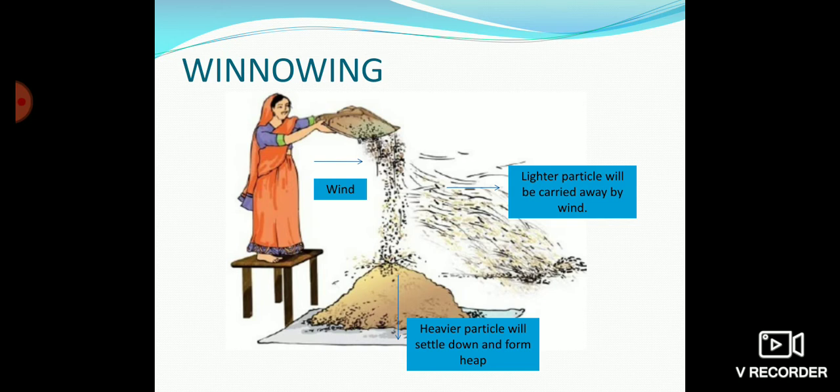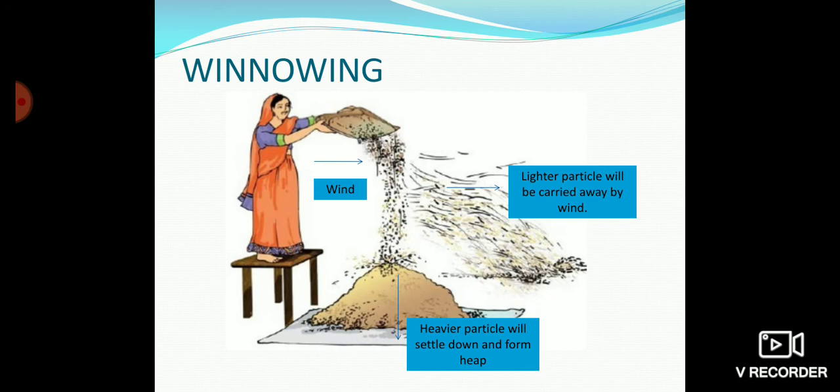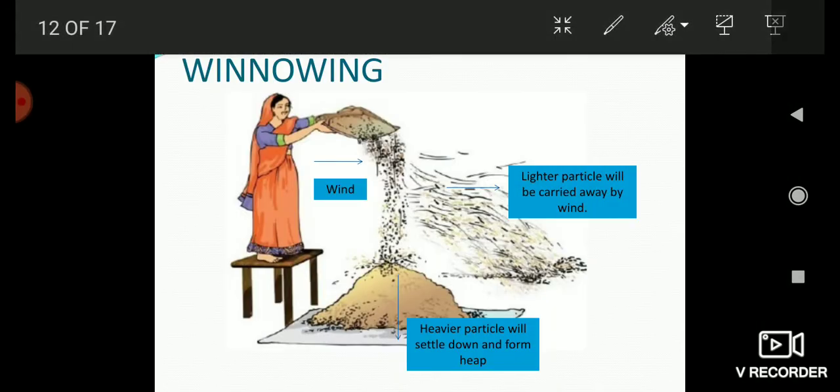Okay, so we will understand winnowing with the help of this diagram. Here you can see a woman who is standing on a raised platform. Now suppose wind is blowing in this direction. So what is this woman doing?